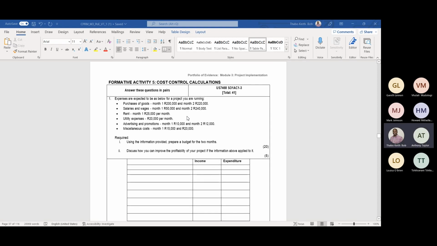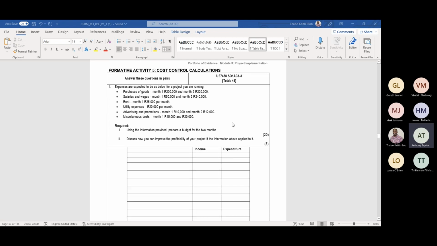Okay, can you just lead and do activity number 5, please? Answer this question. We have already done the cost control calculations. Can we proceed? Expenses are expected to be as below for the project you're running. Purchase of goods, 200,000 for month 1 and 220,000 for month 2.